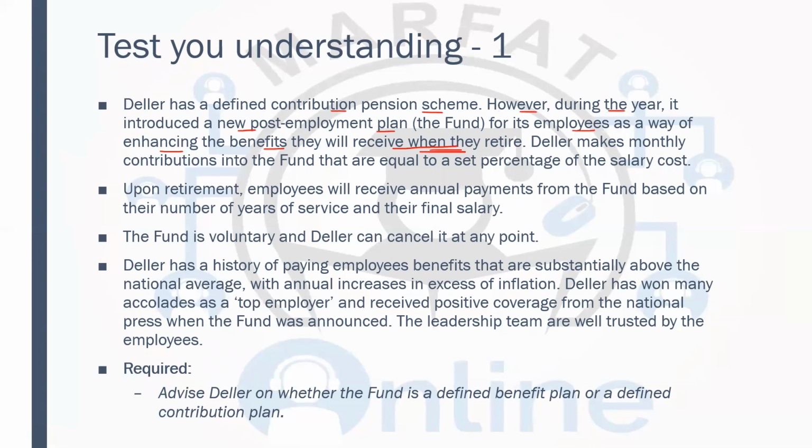Deller makes monthly contributions into the fund that are equal to a set percentage of the salary cost. Upon retirement, employees will receive annual payments from the fund based on their number of years of service and their final salary. The fund is voluntary and Deller can cancel it at any point.